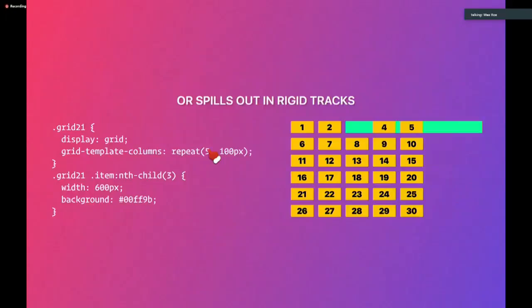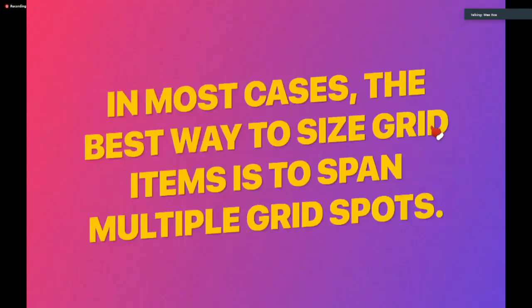So what we can do is, this is another example. If you have a 600 pixel one and you have a rigid size track of 100 px, then you're kind of out of luck here because it's going to spill out. So in most cases, the best way to size a grid item is to span multiple grid spots.